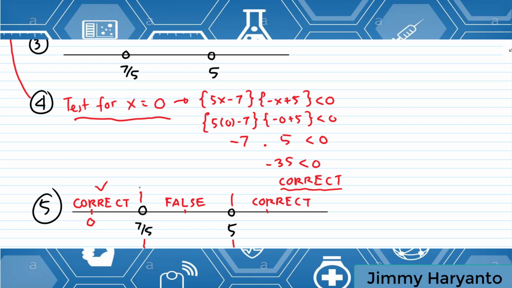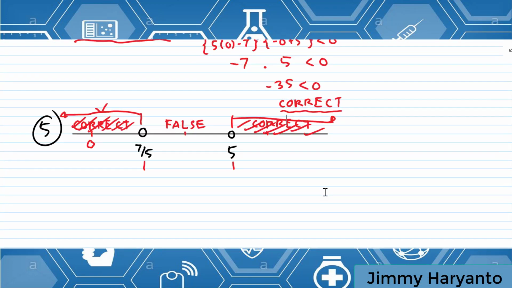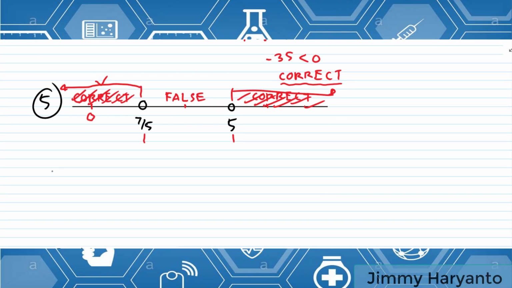We have to shade the correct ones. It's always the correct one that we shade. So we shade it like this, and then we do step number 6, write the solution. Remember these shapes, one to the left side and one to the right side. We write the notation like this: x less than 7 over 5 or x greater than 5.